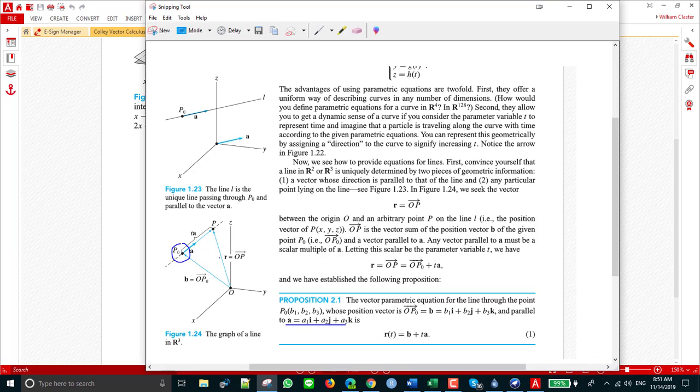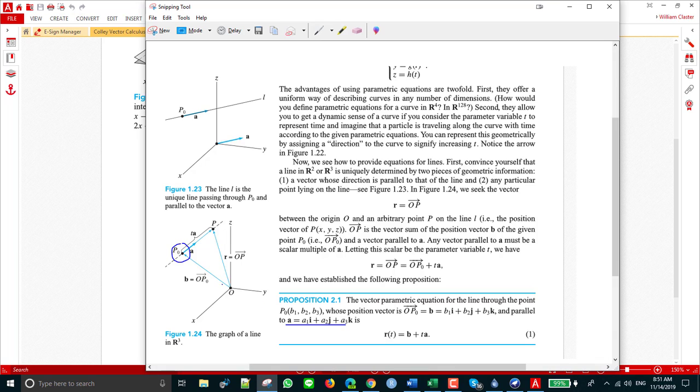So parallel to this vector looks like this, r of t. So this is r, and it depends on the t that we choose. So if we choose t to be short, then r is going to be over here. If we choose t to be bigger, then r will be over here, and so on. So r depends on t.